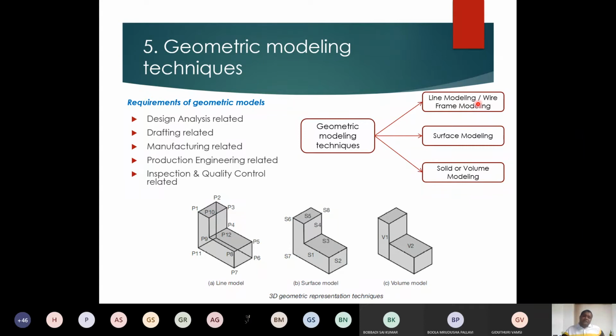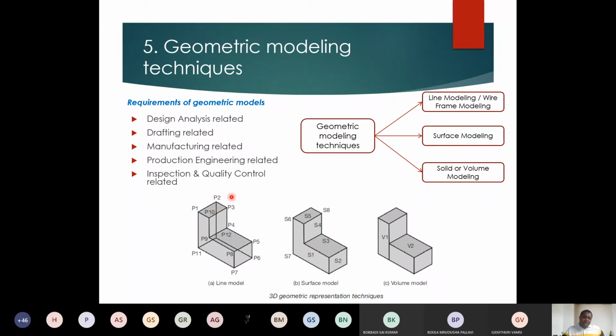So in olden days, like the 1960s and 1970s, the initial engineers and scientists started showing their ideas with the help of wireframe modeling. Okay, for example, if you look at the bottom picture, it is the same solid. In the first picture, it is being developed using wireframe.